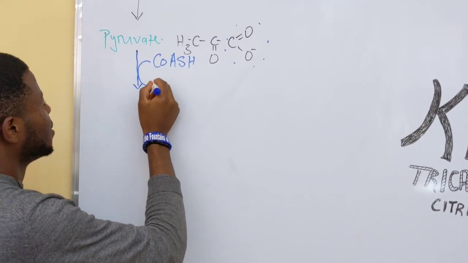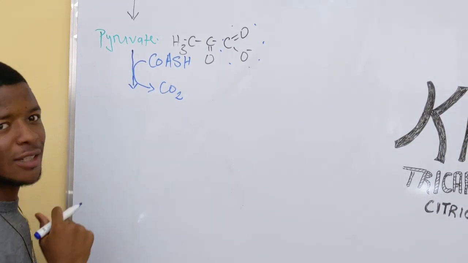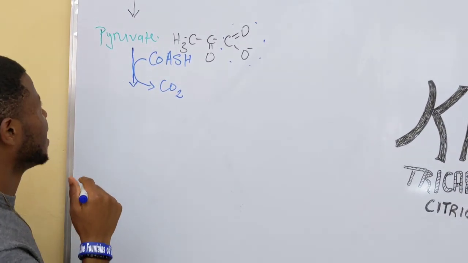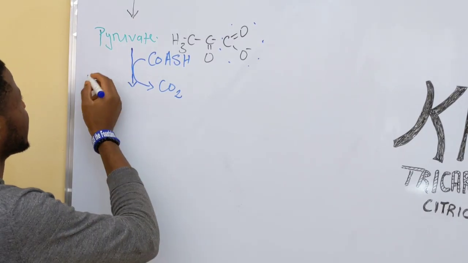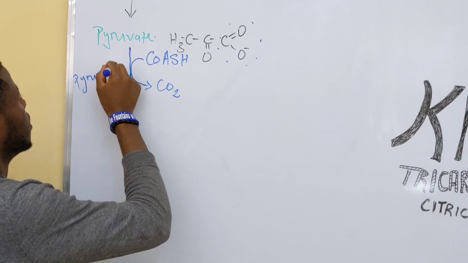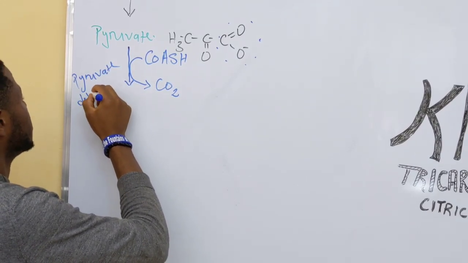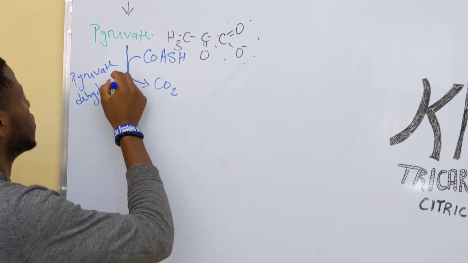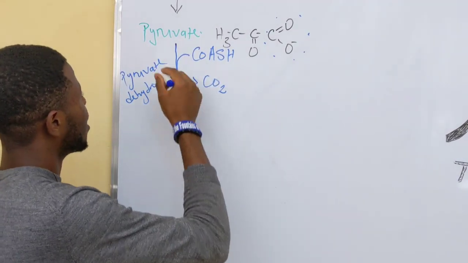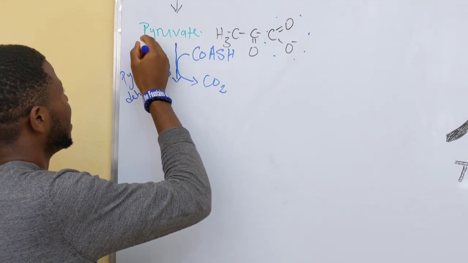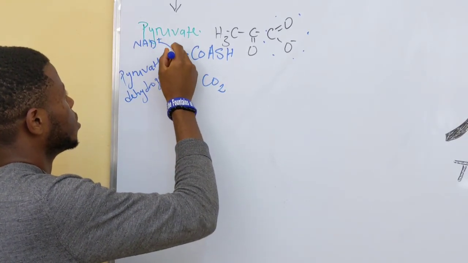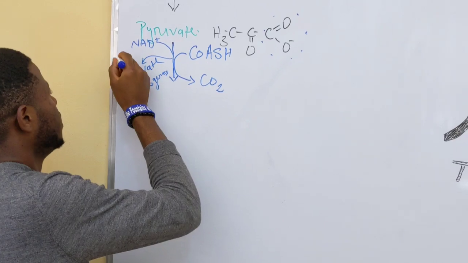I'm going to use a very nice enzyme here called pyruvate dehydrogenase. Why? Because I'm going to be removing hydrogen from the compound, where I will use NAD plus to form NADH.